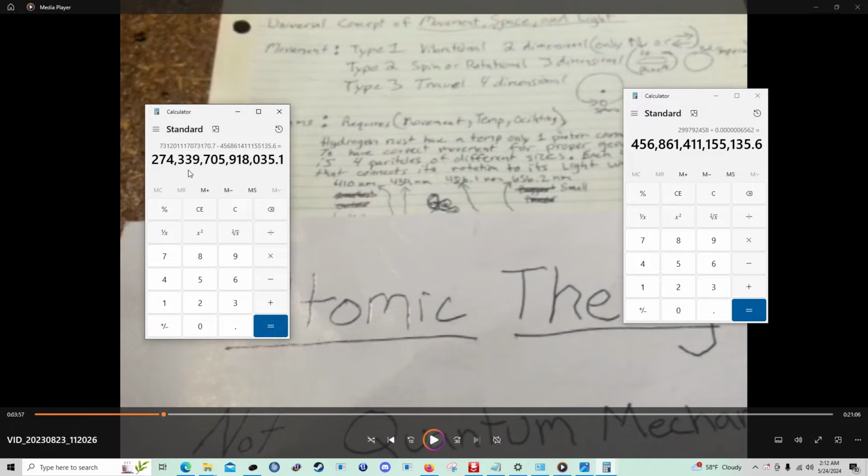So if we can figure out a way to take this frequency right here and figure out how fast the hydrogen atom loses its heat, then we can somehow figure out the connection that this frequency differential has with how much and the timing it takes for the hydrogen atom to lose its heat.